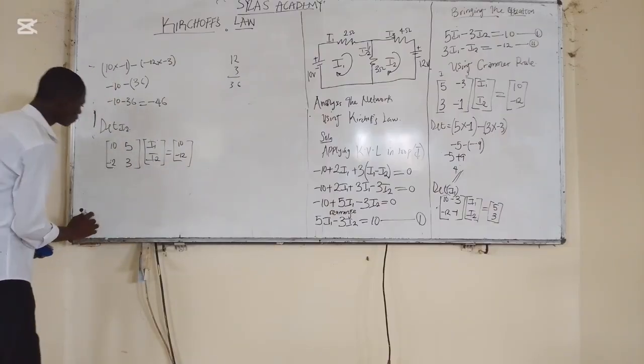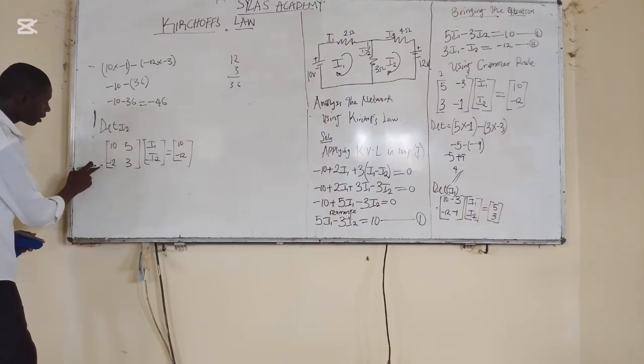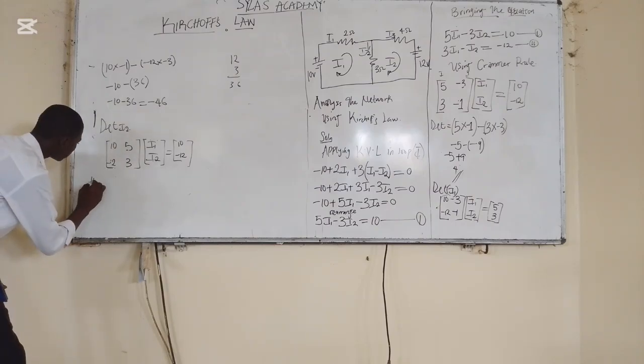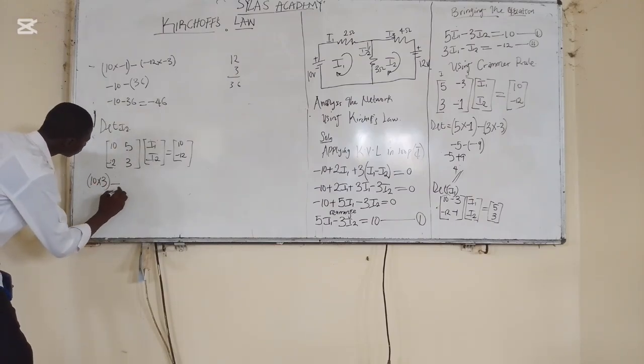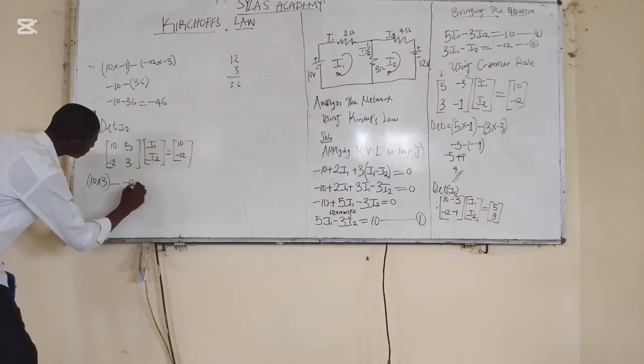That is this one times this one minus this times this. That is 10 times 3 minus 12 times 5. Are you following now?